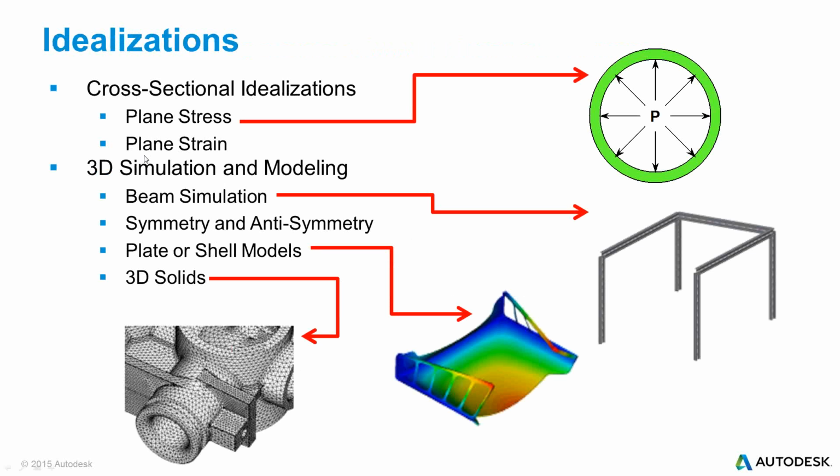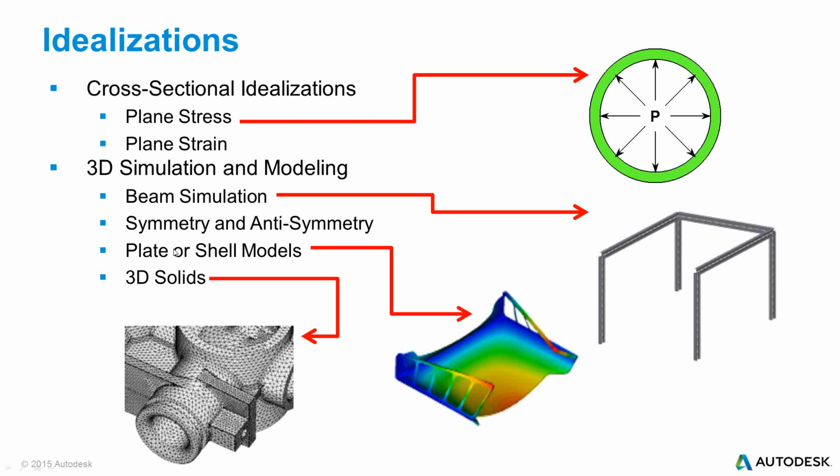Some of the idealizations we can make: shell models are all plane stress. You're assuming there's no stress out of the plane. Plane strain is another interesting idealization. I can say I have a really long structure that's constant for a long length. I can model just a slice through it and get an answer for the whole thing with a plane strain assumption.